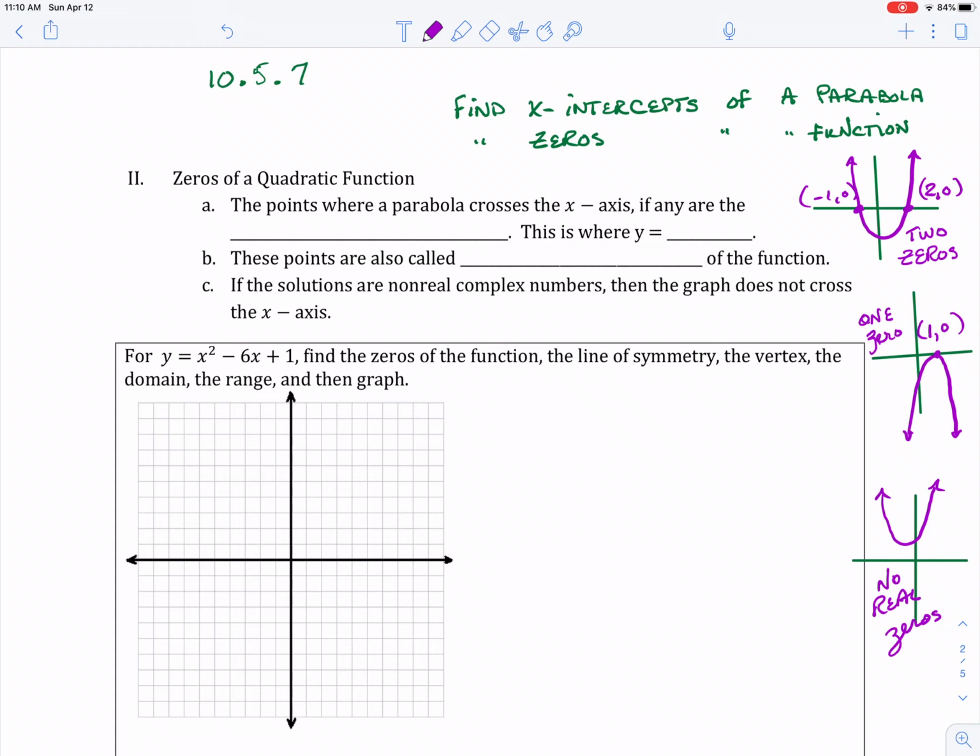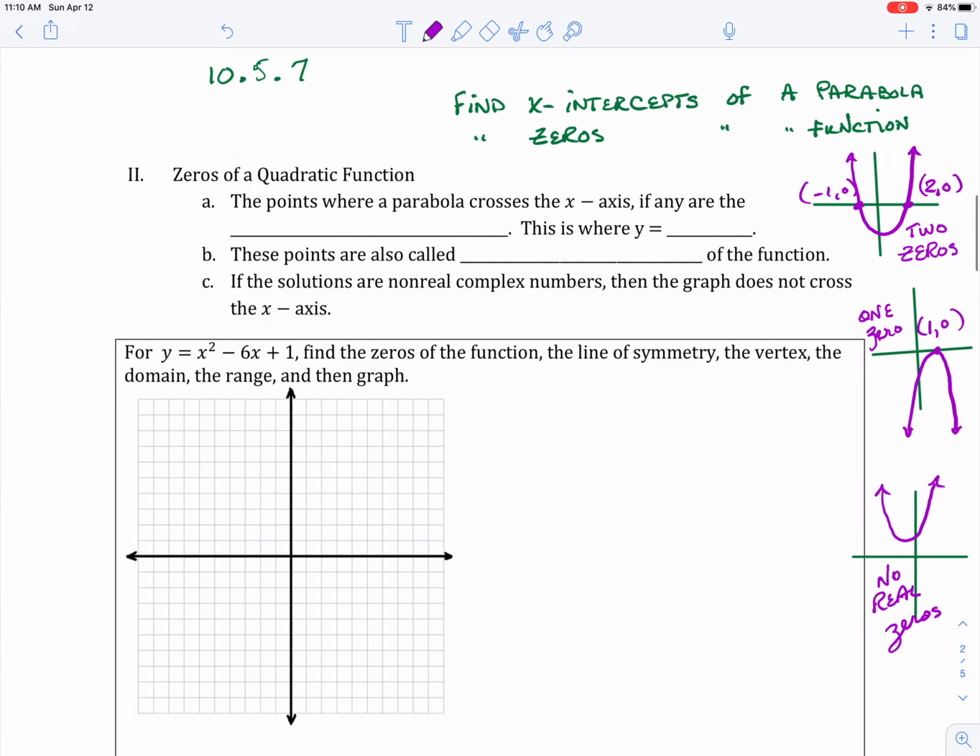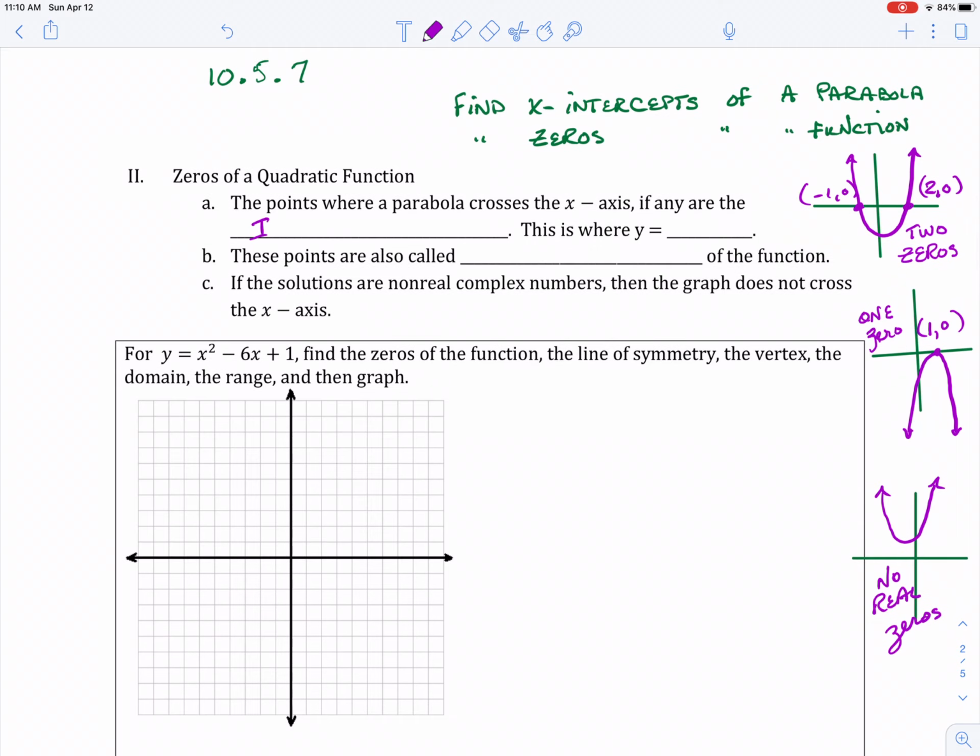All right, so let's fill in some of these blanks. The zeros of a quadratic function are the points where the parabola crosses the x-axis. I'm going to say intercepts. This is where y equals 0, and you can see that from my sketches out there on the right.